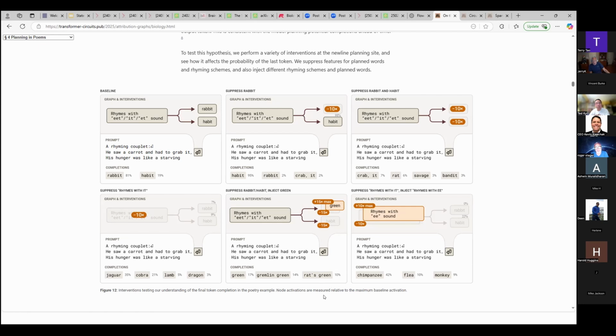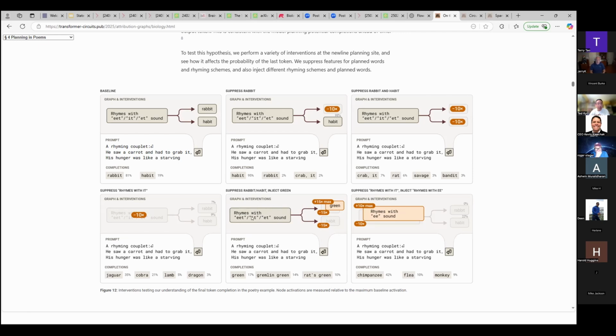So even though it doesn't really make sense semantically or rhyming wise, it is. And so also you can see that by deleting the rabbit and habit, we've basically overridden the rhymes with eat, it, et, even though we didn't explicitly zero it out, right?